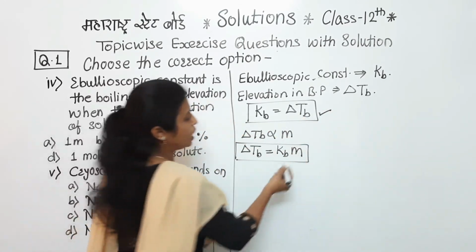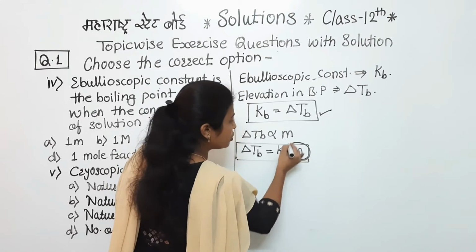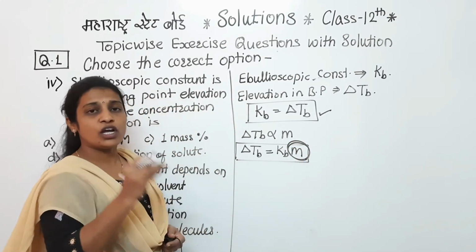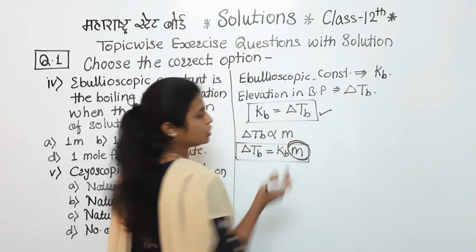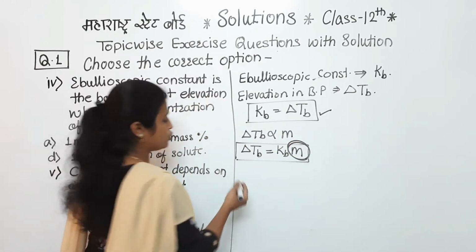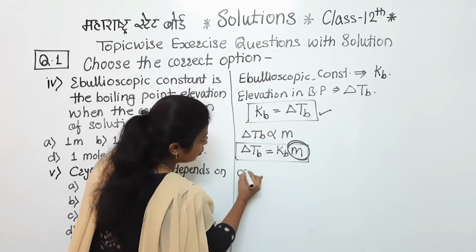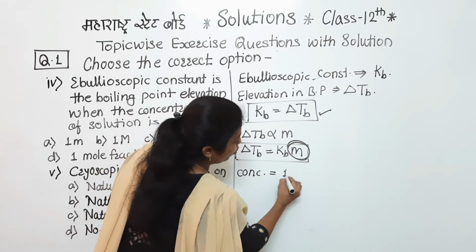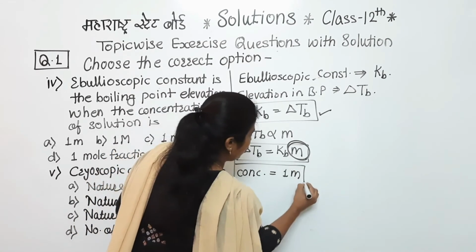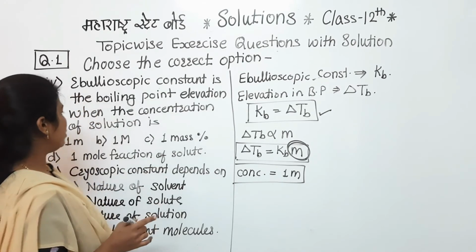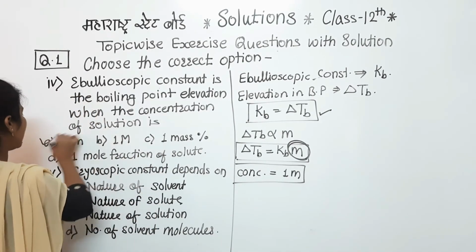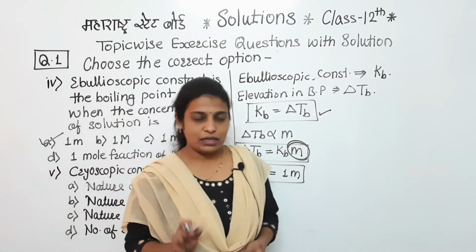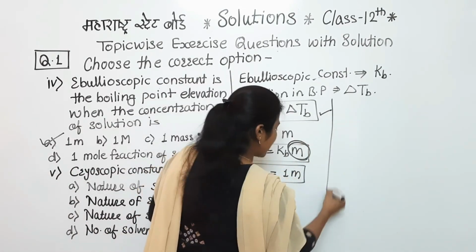As we know, whenever the molality is 1, only then Kb is equal to delta Tb is possible. So the concentration of the solution should be 1 molal. Among options A, B, C, D, option A is the correct answer. Clear to you?